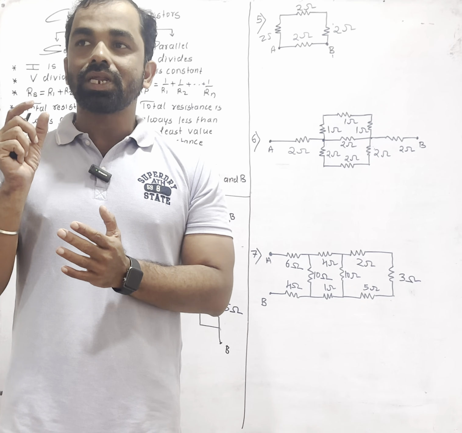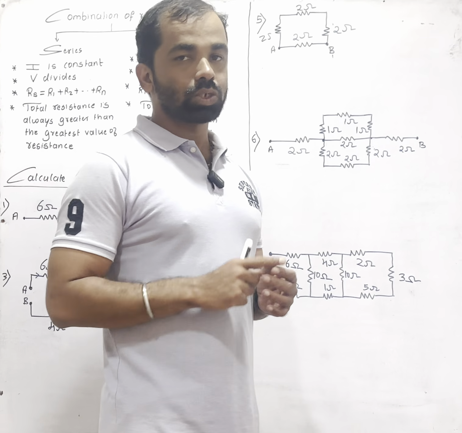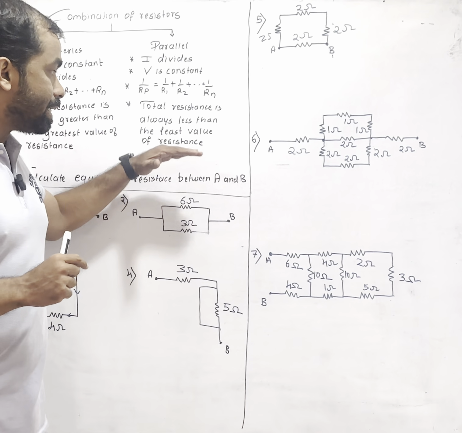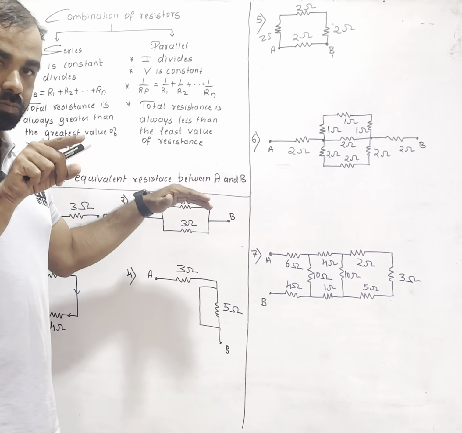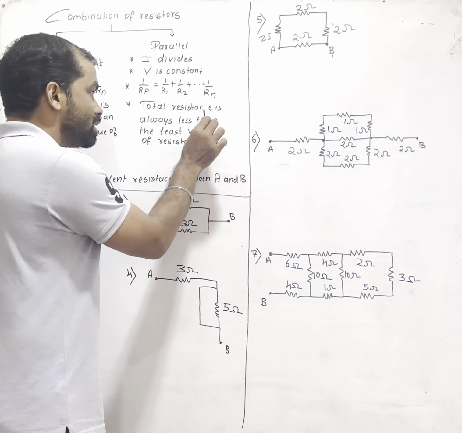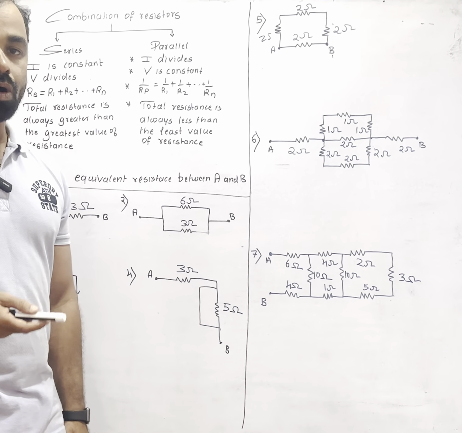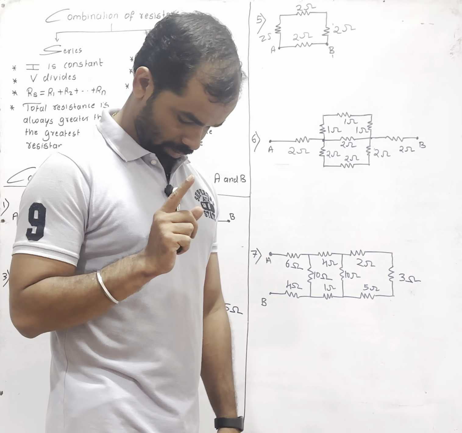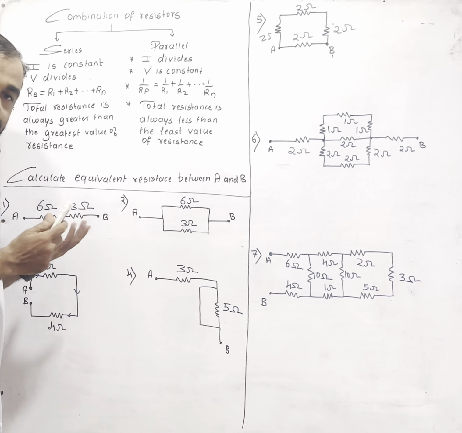So here the net resistance, total resistance, will always be more than 6 ohm. Whereas in parallel it will be less than 2 ohm, because here the least value is 2 ohm. So total resistance in parallel is always less than the least value of resistance. Remember this. Okay, fine.